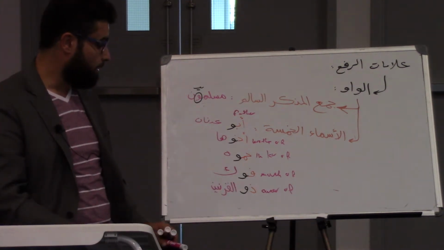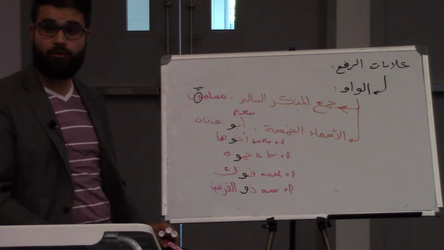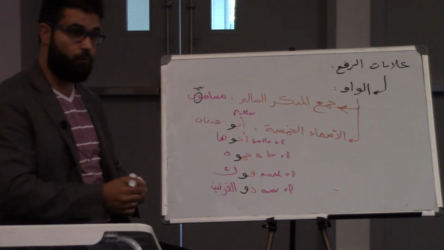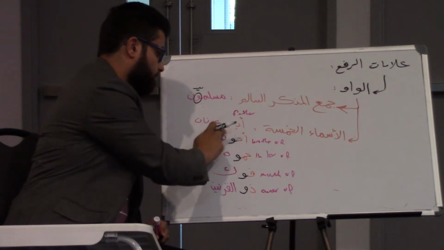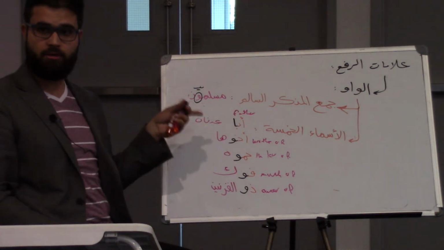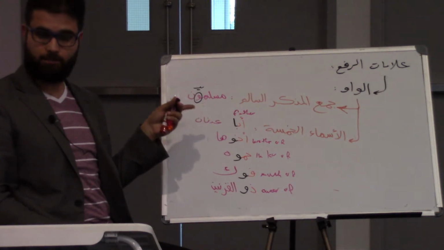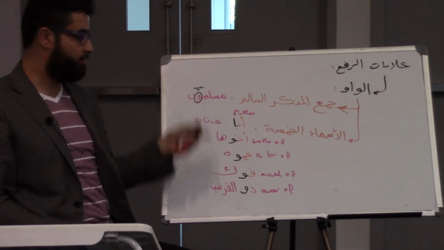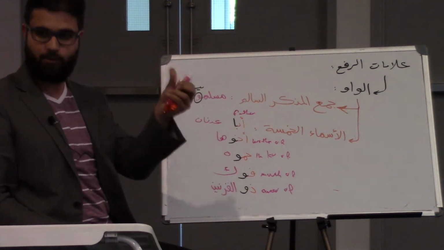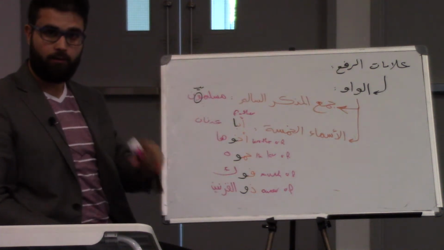So Dhul Qarnayn. Now, if you were to see one of these words without the waw at the end of it, so if you were to see Aba Adnan, then you could say immediately, oh, this is not marfu', because the marker of rafa' for these 5 words, you have to memorize the words: ab, akh, ham, dhu, fu. You have to remember those 5 words, right? It is the waw.